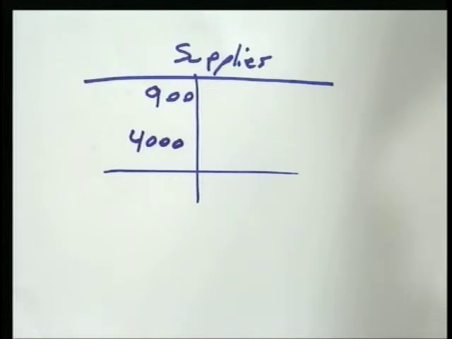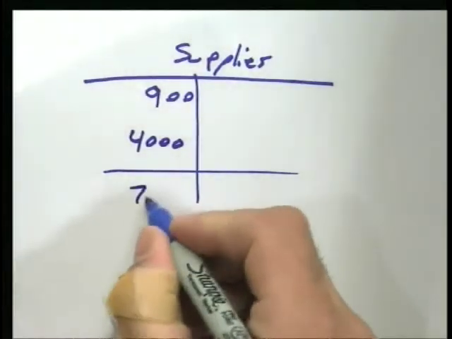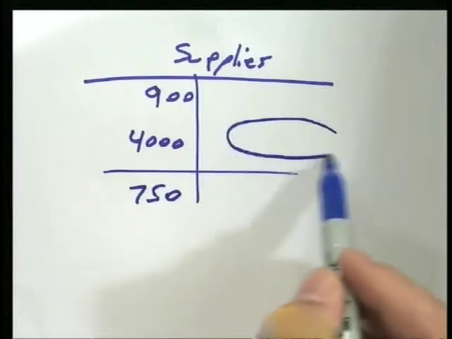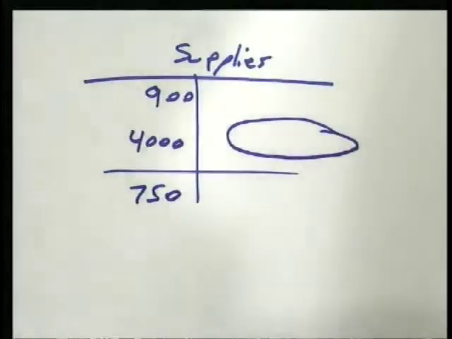Now we take an inventory count at the end, and how much do we have left? So our ending balance is 750. So this will be the amount that was used up, correct? There's one amount and only one amount that goes in that circle that properly shows the amount that was used up.